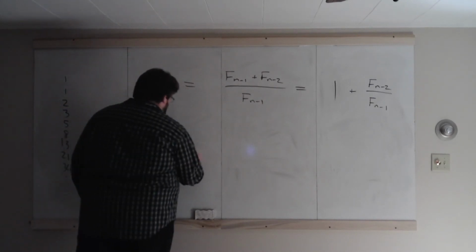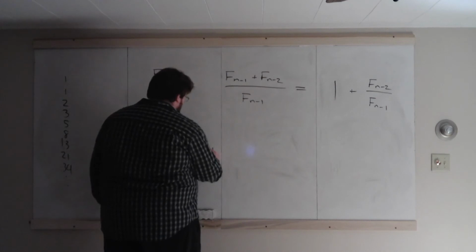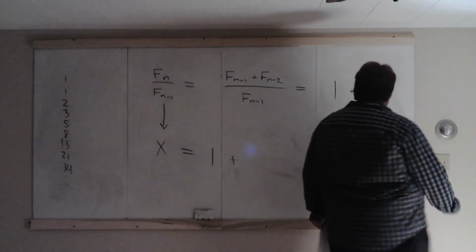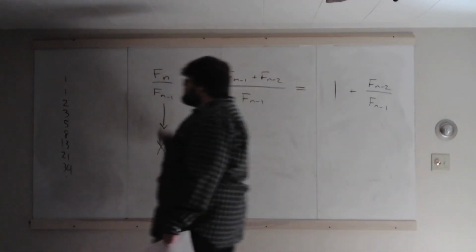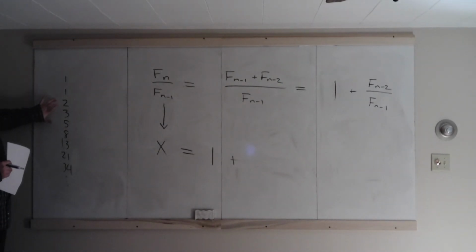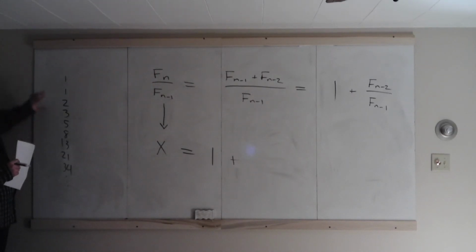And what does that equal? Well, using this equation over here, it equals 1 plus something. What's that thing? Well, this is Fn minus 2 over Fn minus 1. So this first ratio is things like 2 over 1, 3 over 2, 5 over 3, 8 over 5, and so on. That last thing over there is things like 2 over 3, 3 over 5, 5 over 8, 8 over 13.